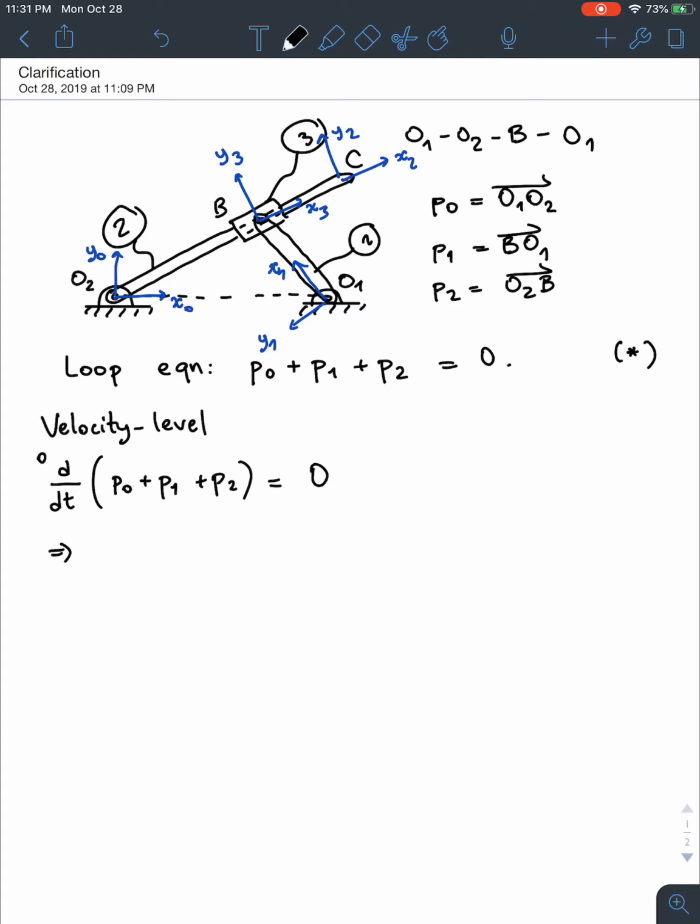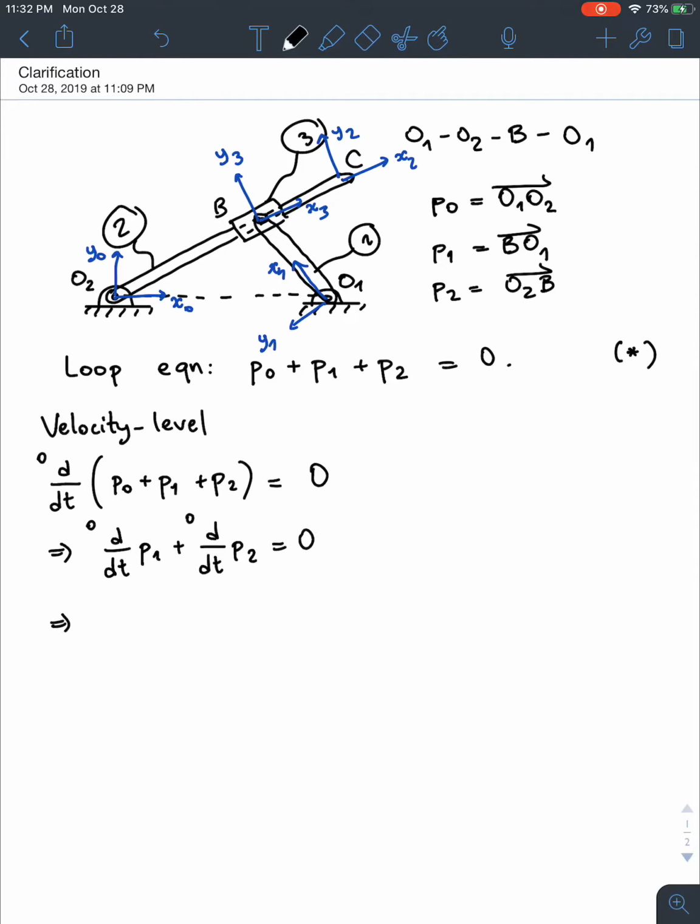And from here, d/dt of p0 in the frame 0 is 0 because the vector p0 is a fixed vector in the 0th frame. So I'm going to have d/dt in 0 of p1 plus d/dt in 0 of p2 equals 0.